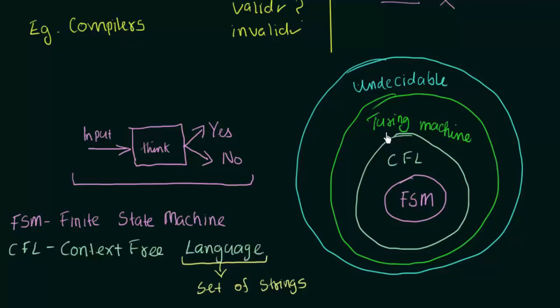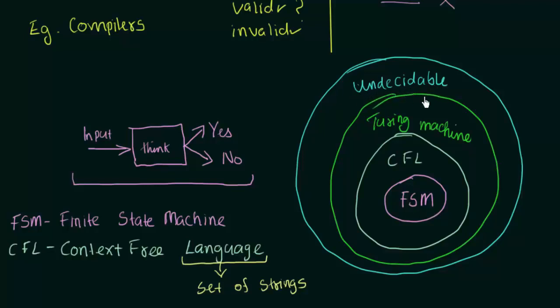In the next layer we have the Turing machine. A Turing machine can perform high-level computations and calculations. It was designed by Alan Turing in 1940, and it is much more powerful as compared to context-free languages and finite state machines. In the next layer we have what is labeled as undecidable.